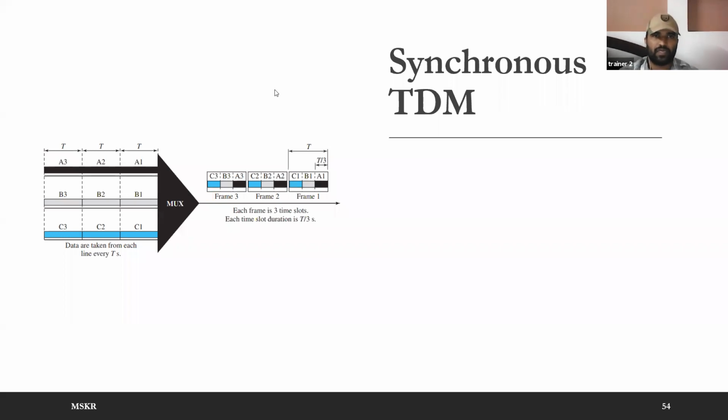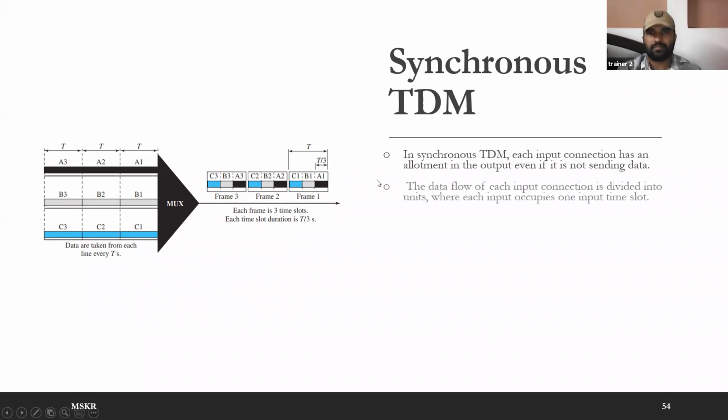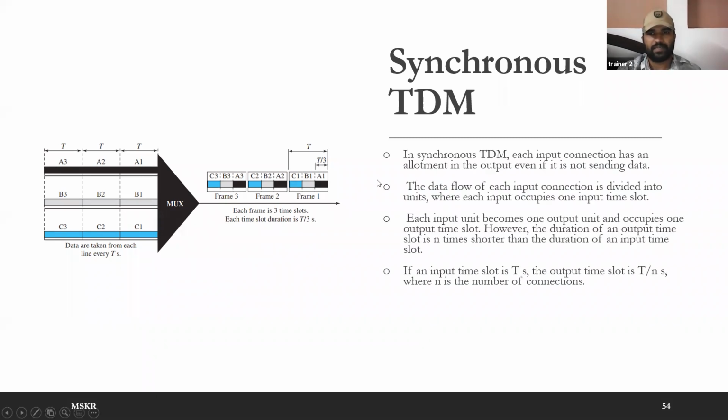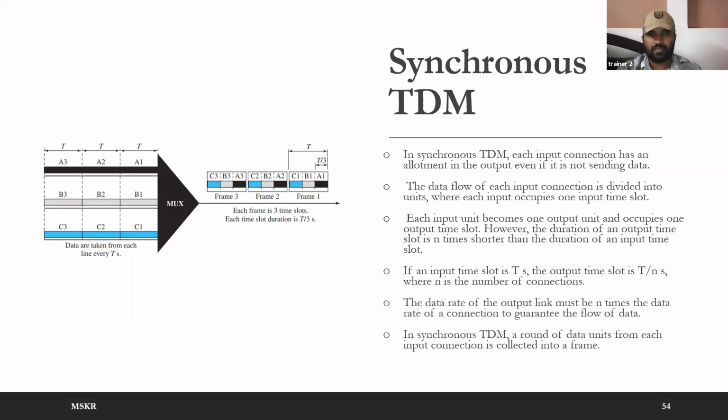Let me show you one diagram. This is the explanation which I just explained. Let me go through these points one more time. In synchronous TDM, each input connection has an allotment in the output even if it is not sending data.